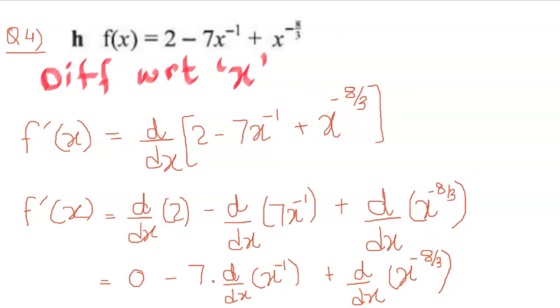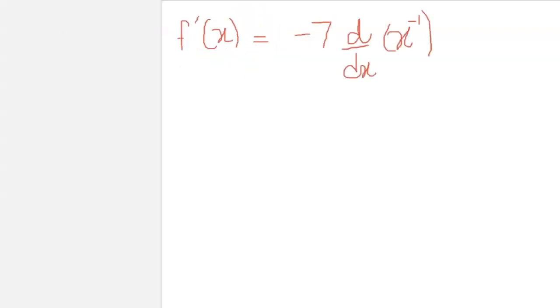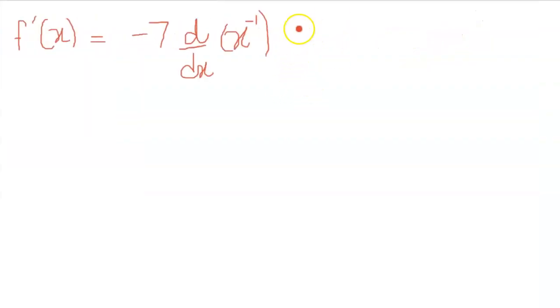If I go to the next slide and copy this down: f dash x, the 0 disappears, and I copy that one. So I've got minus 7 d over dx of x to the power minus 1, plus d over dx of x to the power minus 8 over 3.